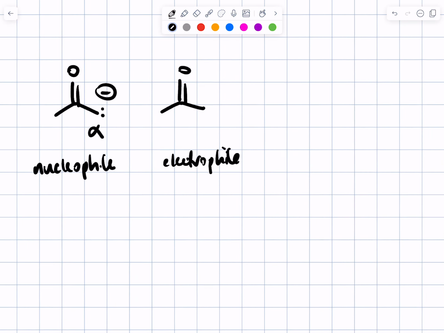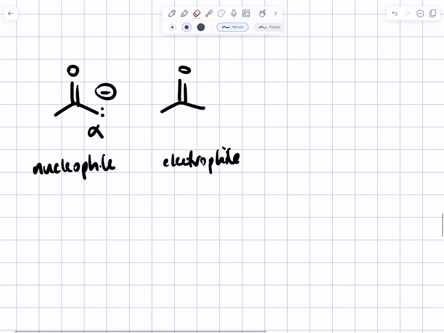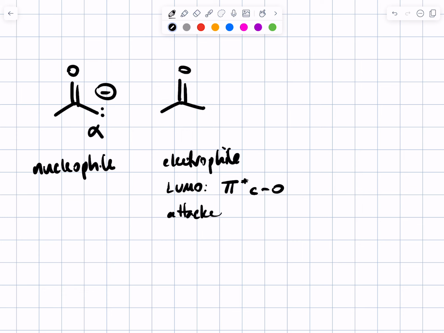When the carbonyl is the electrophile, the relevant orbital that we're going to dump electrons into is the LUMO, and we're thinking about the carbon-oxygen pi star. The electrophile will get attacked at the carbonyl carbon because that's where most of the LUMO is, and also because that's where all the partial positive charge is.